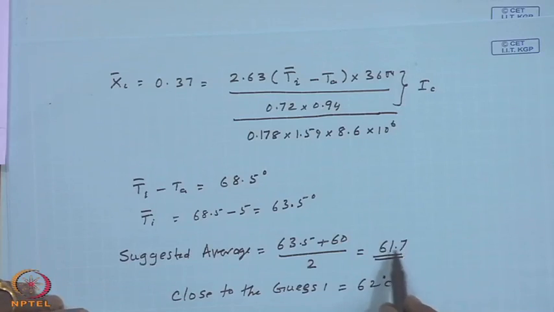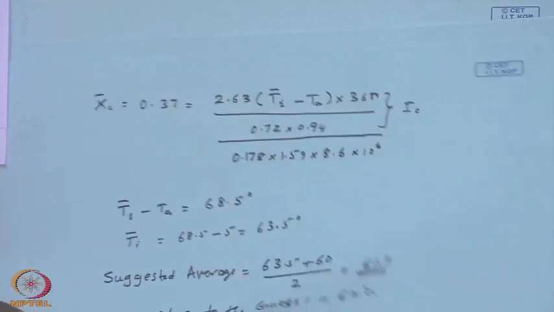If you are not satisfied, you could start with 61.7 and do the calculation, you may come out with 61.8. Okay.